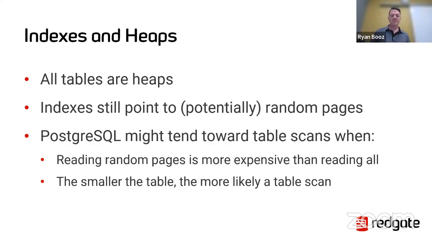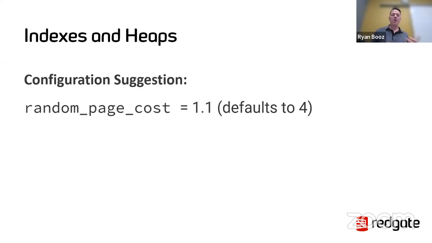However, the default random page cost is set to 4, and that's an old value. On SSD and even most modern cloud storage, a value of 4 is just too high. Even on cloud environments, the recommendation is to lower that to something like 1.1 or 1.2.